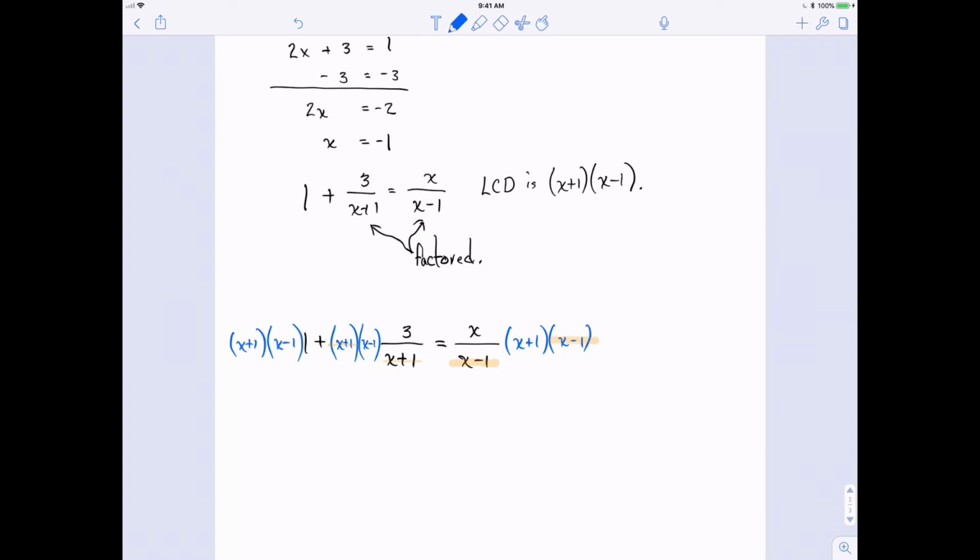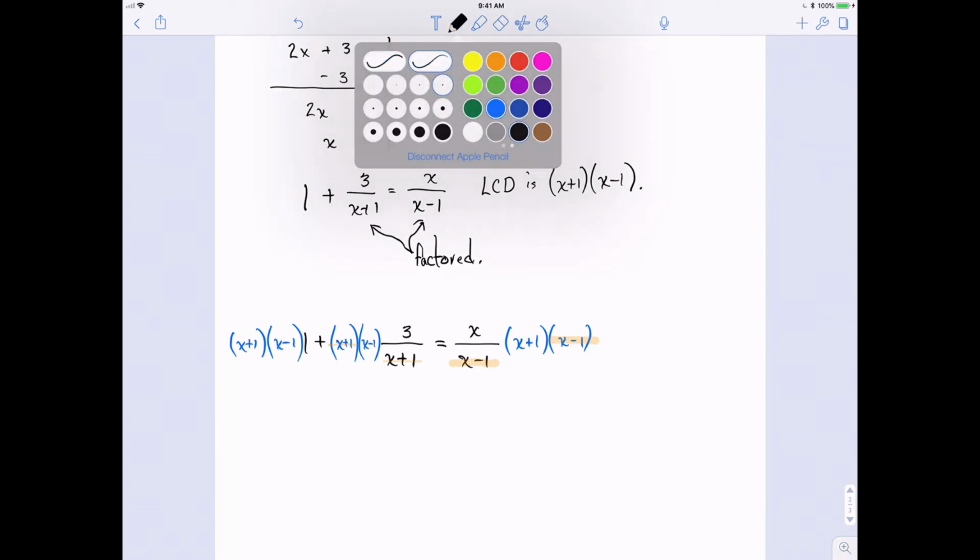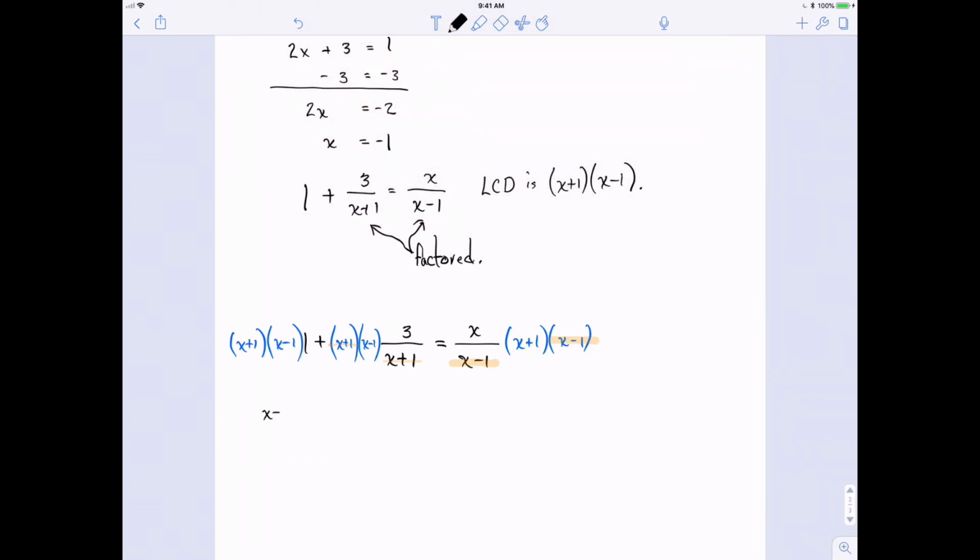So let's write what we have now. We have x plus 1, x minus 1, plus x minus 1 times a 3 equals an x times x plus 1. Now we need to do all of our distributing, combine like terms, and then see what remains.